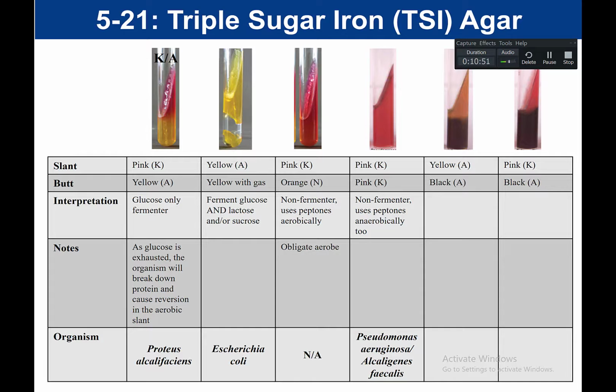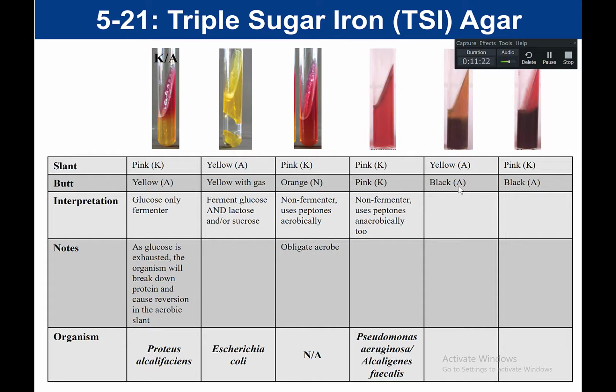Now we get to the ones that have black. So it has a yellow slant and a black butt. Do we know what color is under the black? And the answer is yes. It has to be acidic. So that's why I put an A here. Has to be acidic because it needs to be acidic for the hydrogen sulfide to be produced. So if it's yellow, again, that's an all sugar fermenter, meaning it uses glucose and at least one disaccharide.